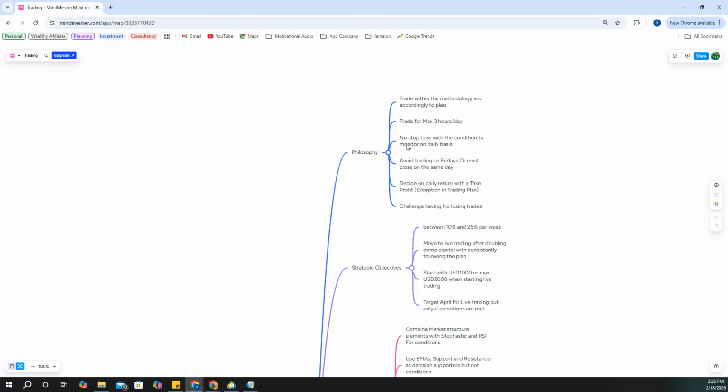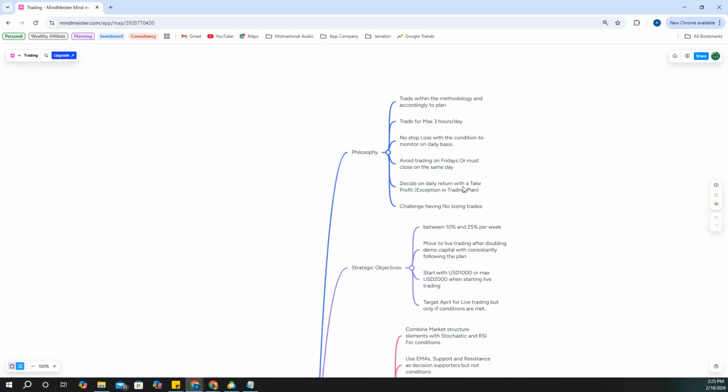So the third one is that we have two controversial parts of the philosophy. This is the first of them: no stop loss, with the condition to monitor on a daily basis. Then we avoid trading on Fridays. Today is Wednesday.